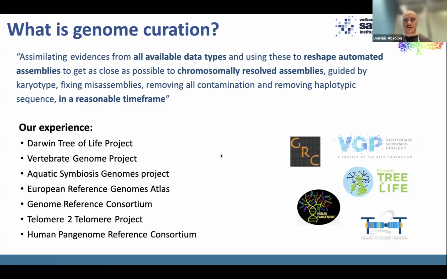We're also trying to remove any traces of contamination that may not have been picked up in the decontamination process. And we're also removing haplotypic duplication, because generally speaking, when we're producing an assembly, we're producing just a single haplotype, and sometimes we can retain two copies of stuff in that single haplotype assembly, which is less than desirable, so we try and remove that. And the last little phrase at the end there is in a reasonable time frame.